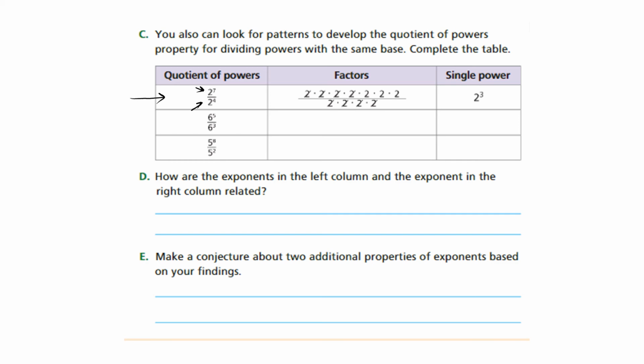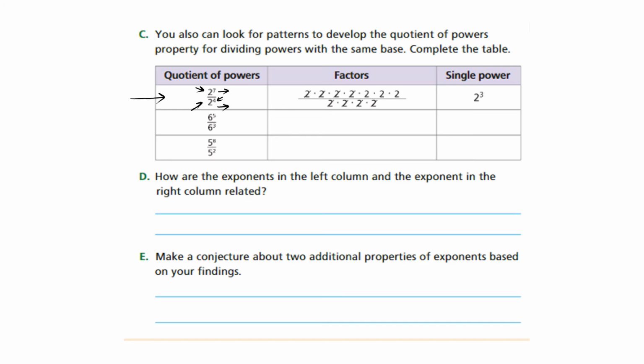First write it in the factor form. How many times will you write this 2? 7 times. So they wrote in the numerator 7 times the 2. Now in the denominator, how many times will you write the 2? Excellent. You will write 4 times the 2.